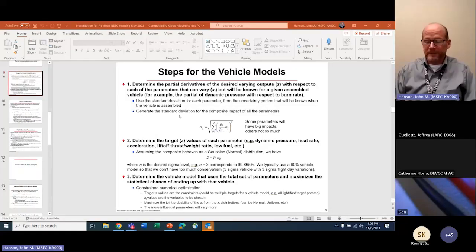And so we divide it up into how much uncertainty we think we'll still have on flight day, and how much of that uncertainty we think we're going to suss out between now and flight day. So this is trying to come up with a statistical case that represents the variations in those things that we don't know very well now, but we will know a lot better before we fly.